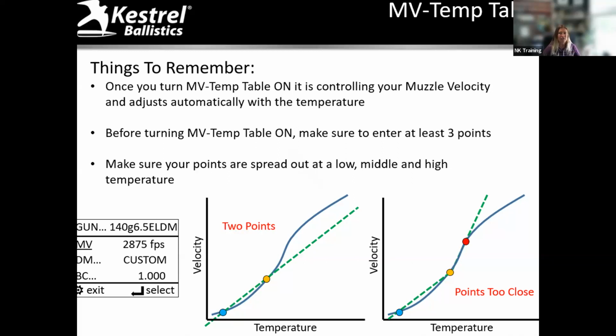If you're shooting throughout the day and you keep your ammo pretty close to you, the ammo is pretty close to the temperature around. The Kestrel is going to make those changes as a regular temperature change for your holds. It doesn't need the MV temp table to do that. The MV temp table is for those extreme jumps, the powders that are a little more volatile.